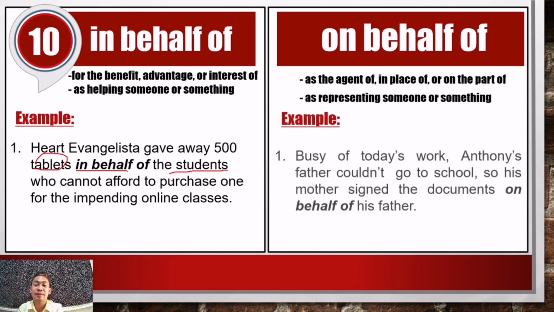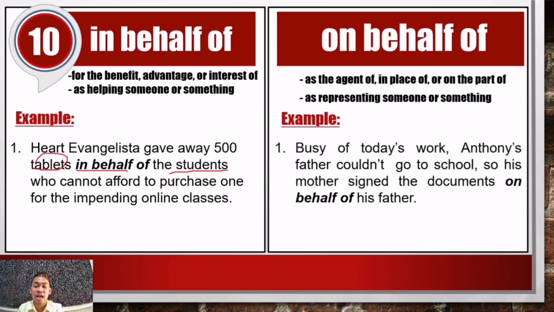Now, for example, busy of today's work, Anthony's father couldn't go to school, so his mother signed the documents on behalf of his father. So, on behalf or as a representative of his father who's not present, the mother takes the responsibility of signing the document.